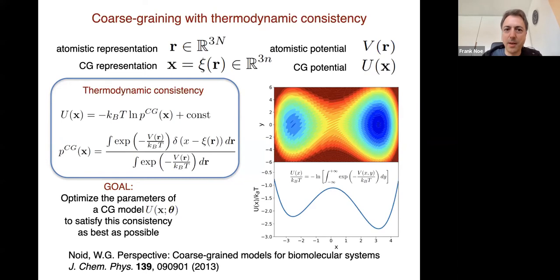So that's our goal. That's what I mean by restoring thermodynamics. And then, of course, that means if we compute other thermodynamic properties, such as the binding energy of two proteins or the protein and the ligand, which can be derived from this free energy landscape on the coarse-grained coordinates, then this should also be restored.